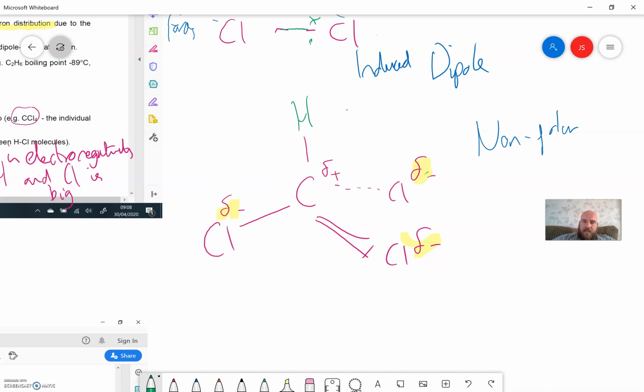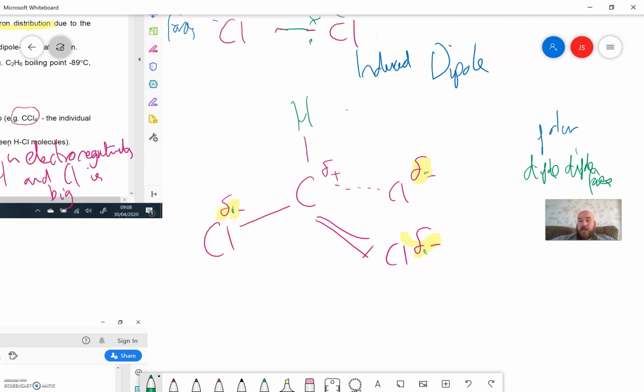All of a sudden now these partial charges are not distributed evenly around the whole molecule. So think 3 dimensions. Molecules are 3-dimensional things, so make sure that you're thinking in 3 dimensions here. This molecule has gone from being non-polar to polar. So now, because it is a polar molecule, it will have dipole-dipole forces.